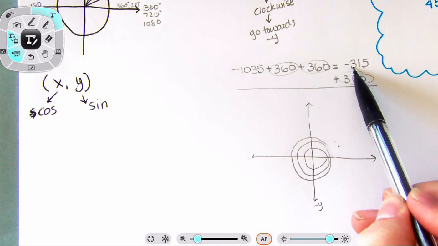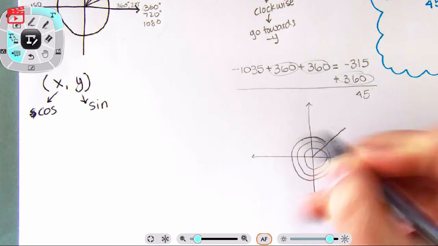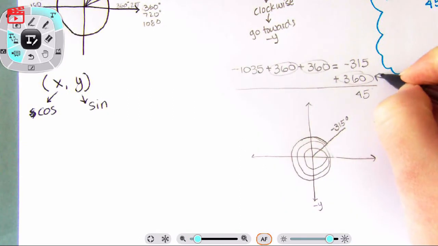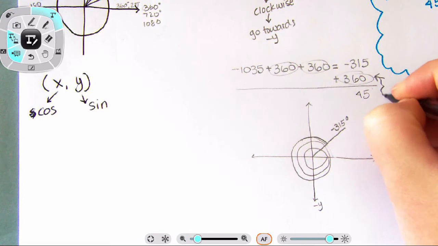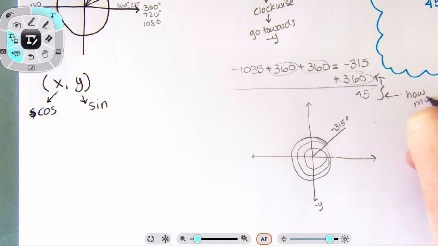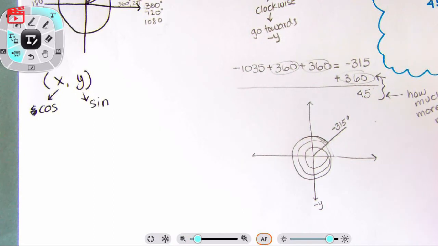Do you see how I have this negative 315? Negative 315 is going to be right here. Now this 360 adding one more time is me trying to find that coterminal angle, our reference angle. So this section right here is me saying how much more do I need to complete the cycle.